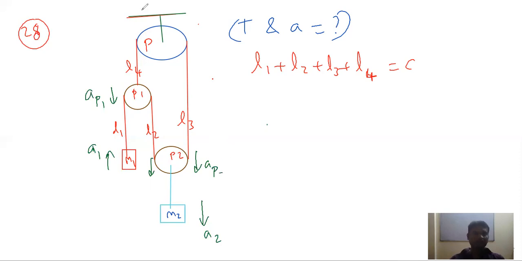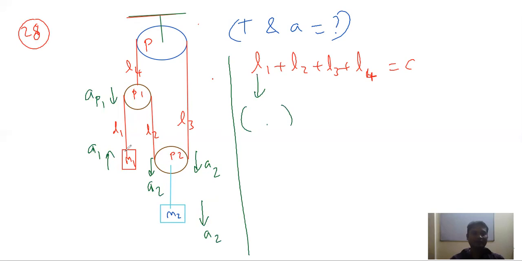So I can use AP1, AP2 as well as A2, whatever is convenient for you. Because this mass has acceleration A2, we can directly write A2 is also the acceleration of the pulley P2. So this is, let us say, A2 itself. Okay, so L1 length, let us apply string constraint now.